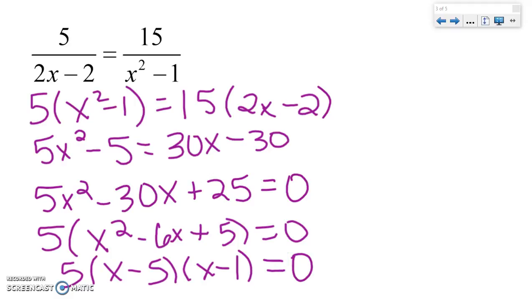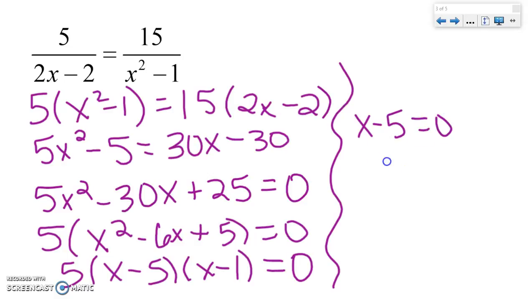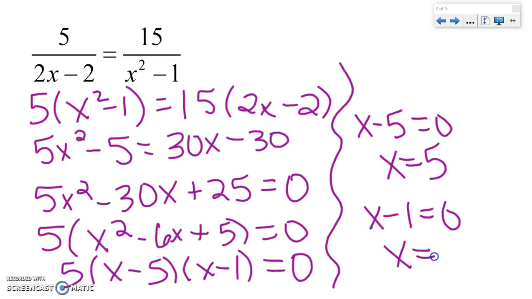Setting both of my factors of x minus 5 and x minus 1 equal to 0, this would give me an x value of 5. And x minus 1 being equal to 0 would give me an x value of 1.